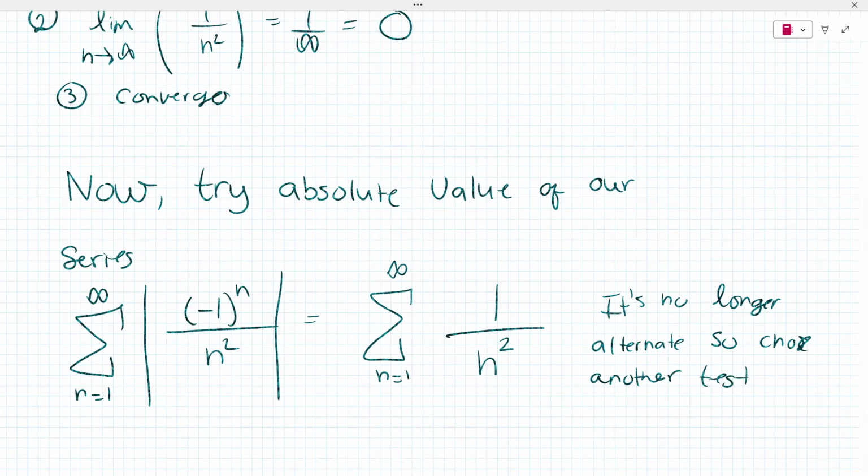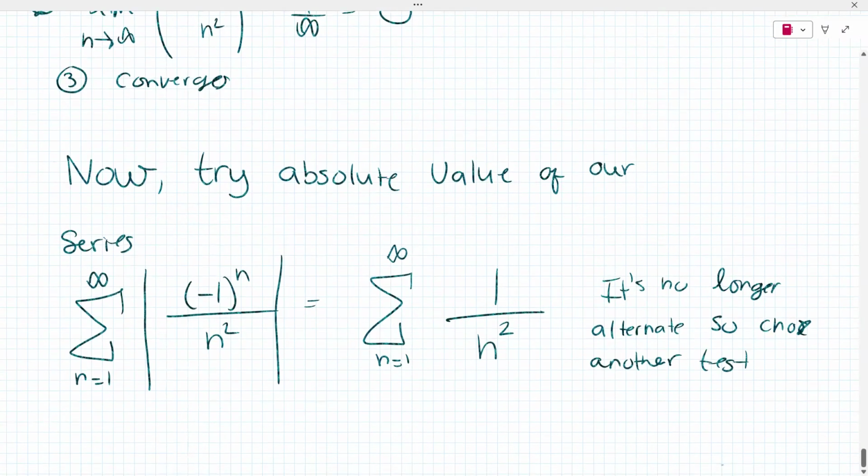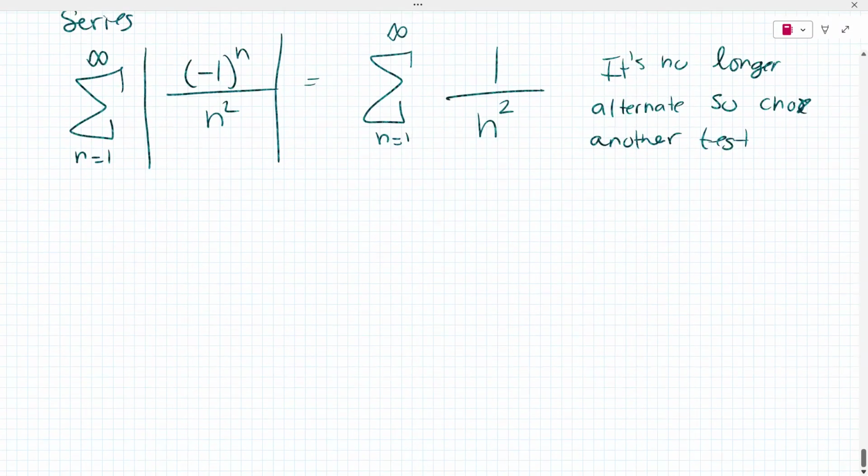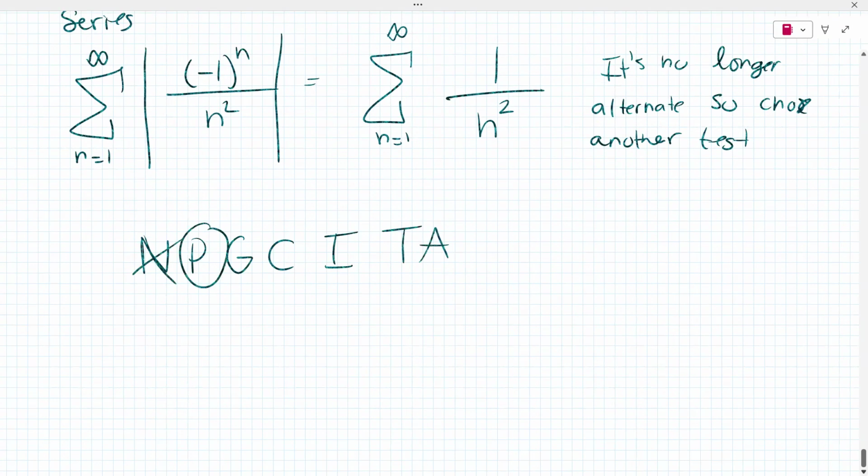Okay, so let's use the riddle, Nice Penguins, NPGCITA. We can't use the N. Is it a P series? I think so.